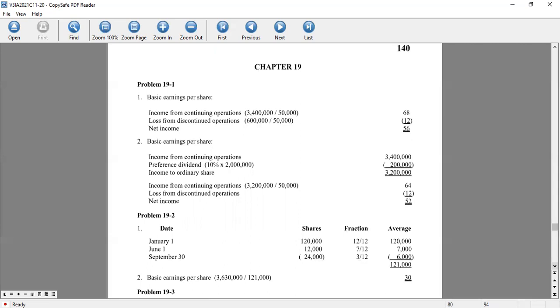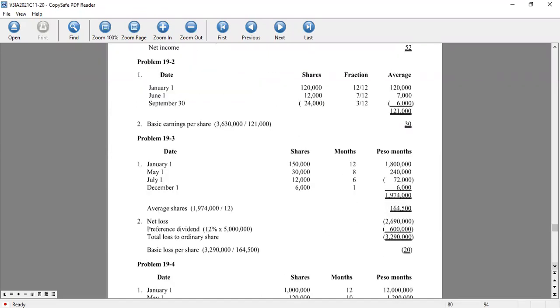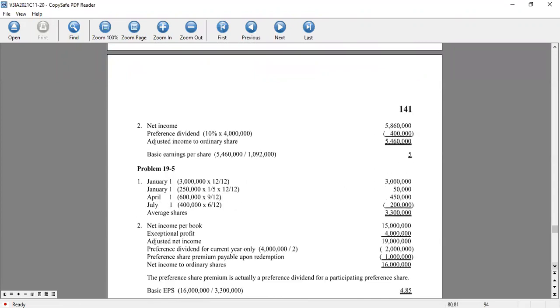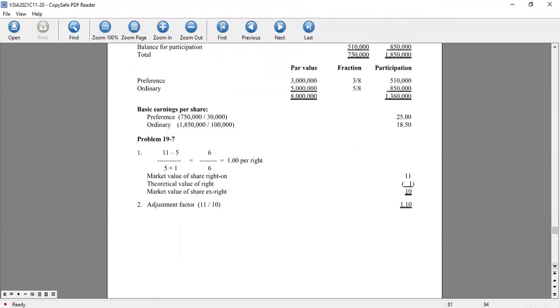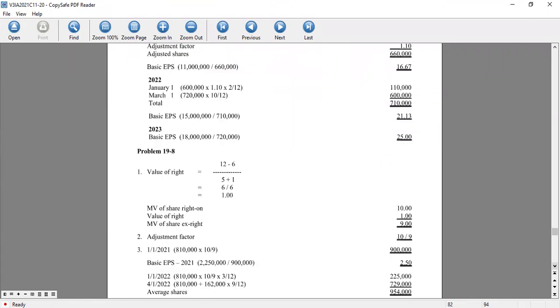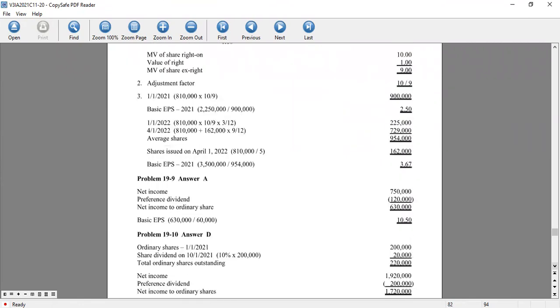If I have to discuss up to 10 o'clock, after that I will just share screen the remainder so as to give time to the reporters to report chapter 20. Now, the next multiple choice problem is 19-9, asking for the amount to be reported as basic earnings per share.